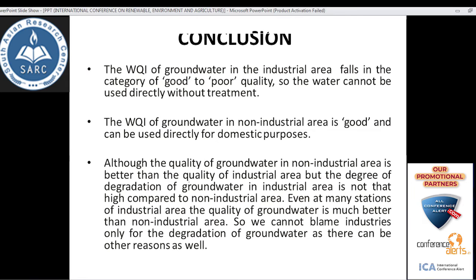Now, the last point is that the quality of groundwater in non-industrial areas, although better than the quality in the industrial area, the degradation of groundwater in the industrial area was not found that high compared to the non-industrial area.